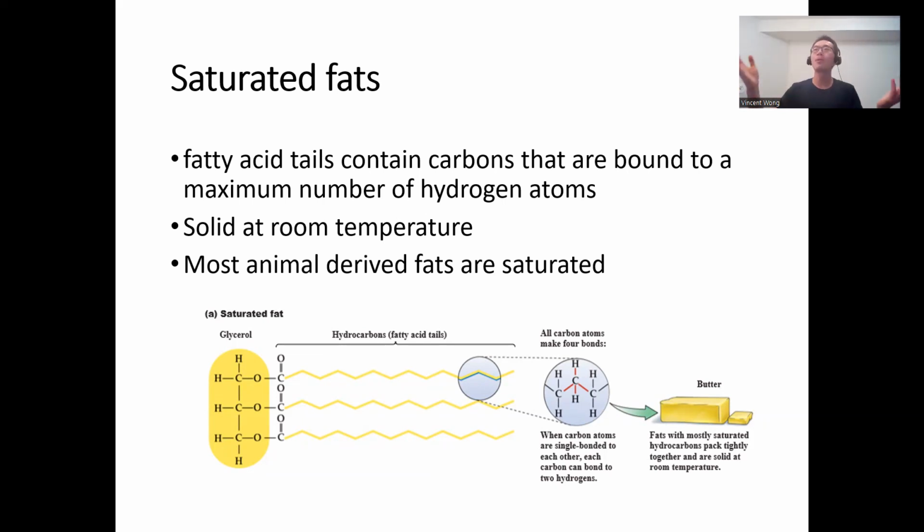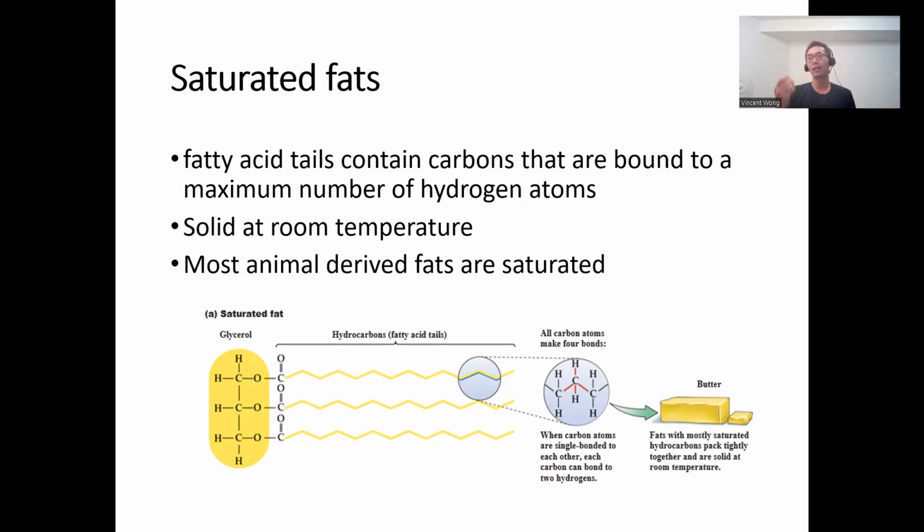So let's talk about the difference between the 2 things first, okay? The saturated fat and unsaturated fat differs in the kind of fatty acids that it has. All right. Remember, a fat has the glycerol, the whole, right? The glycerol and 3 fatty acids. Glycerol is the same for saturated and unsaturated fat, but the fatty acid tail can be different.